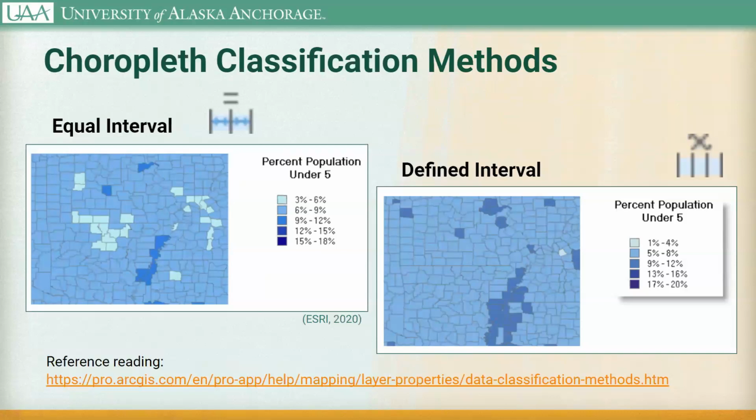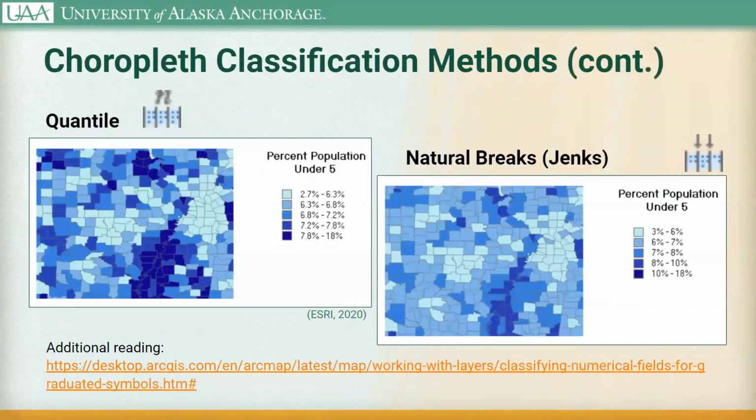So you're not being locked into this set, consistent, calm, familiar range in your legend. You're jumping around a little bit. You know, some of them are 3%, some of them are 8%. But you're visually representing the information on the map in a little bit more immediately recognizable way.